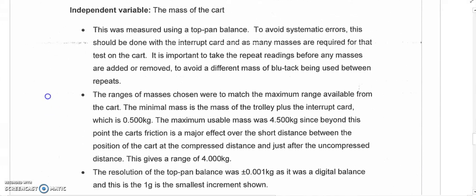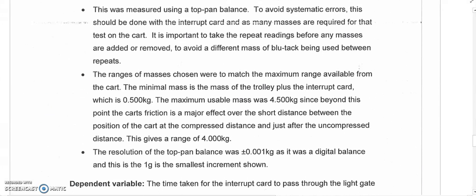of random errors. And now we need to explain why we've chosen the range that we've chosen. So the minimum mass is chosen because, in this case, that's the minimal mass of the trolley plus the interrupt card, and the maximum usable mass is this, because at any more than that the friction will start to come into play.